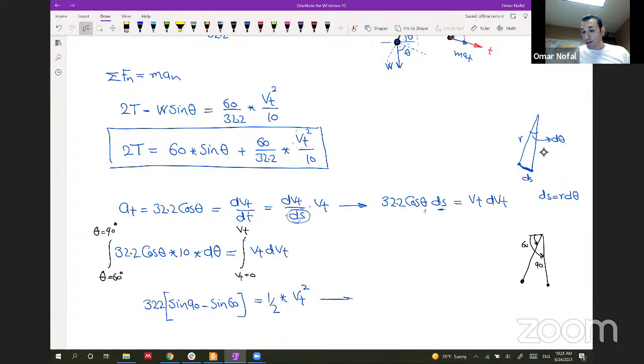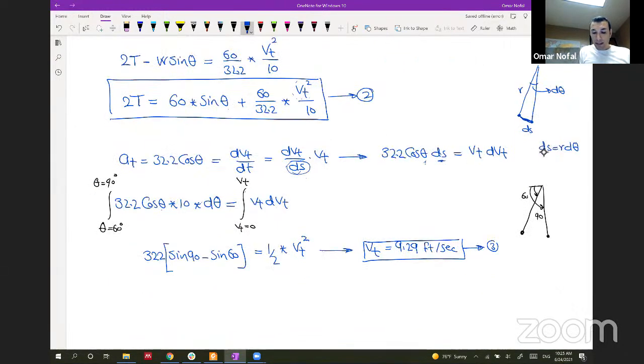You will find that the vt of the swing is equal to 9.29 feet per second, and then you will take this from equation 3 and put it in equation 2.